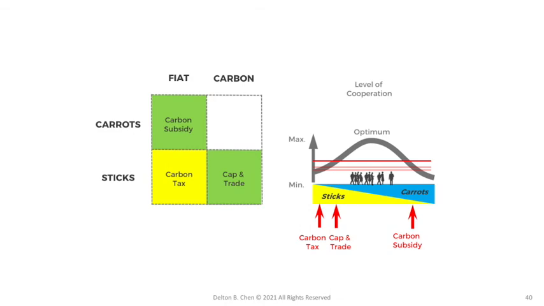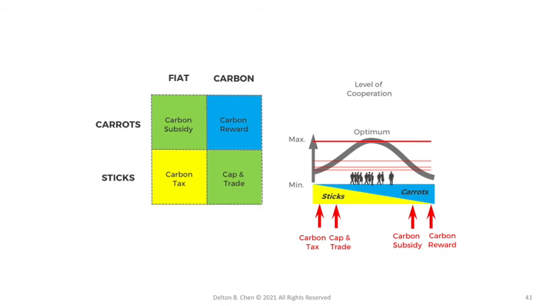The carbon subsidy is still far from optimal because we haven't employed the fourth policy of the matrix. The fourth policy, the carbon reward, introduces new social and biophysical relationships that are typical for carrots. This combination of carrots and sticks is much more likely to result in an optimum level of human cooperation.